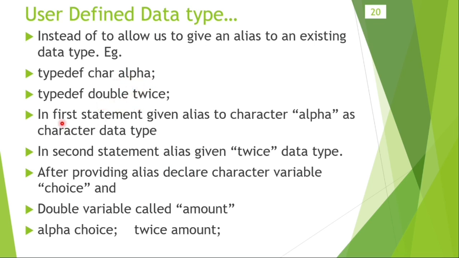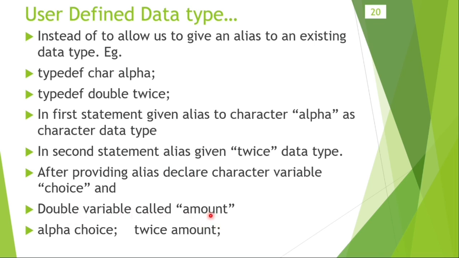In the first statement, the alias given to the character is alpha, you just check it out, as the character data type. And in the second statement, the alias given is twice, as a double type definition as a data type. After providing the alias, we declare a character variable choice, and we will use choice for the character, and a double variable we will call amount.